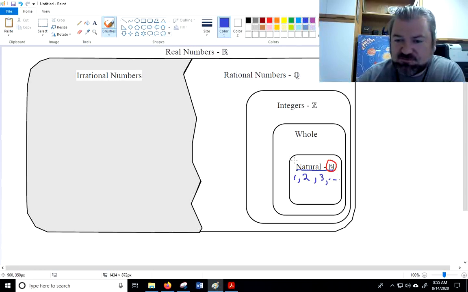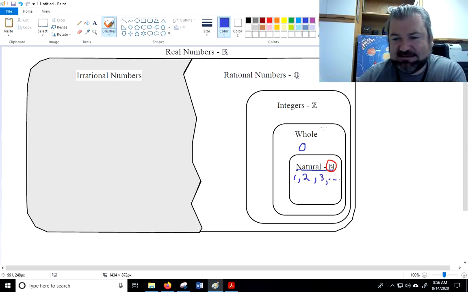And the whole numbers are the natural numbers plus one more number, the number 0. So technically when we talk about whole numbers, we can't have any negatives, but we can have 0. You'll notice there is no double strike symbol for whole numbers. They're just not that common a set to work with. We're more often going to work with either the integers or the natural numbers, but occasionally we'll deal with whole.